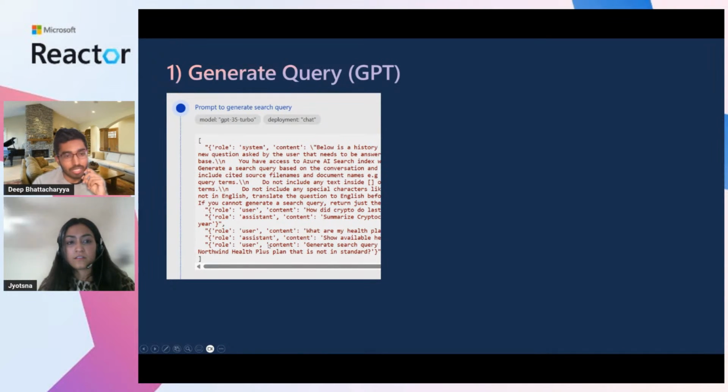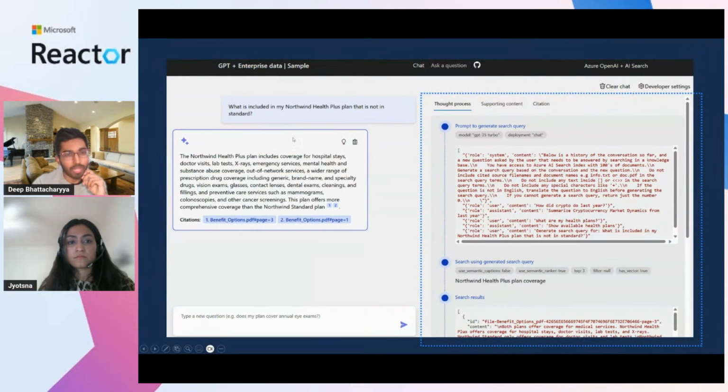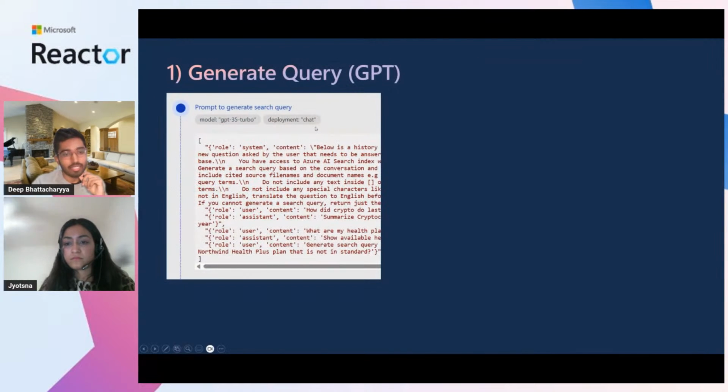The prompt is the same prompt that we put in, something about the health plan: what is included in my Northwind Health Plus that is not in standard? In this example, it then takes that and says, generate search query for that prompt. So, what is in my Northwind Health Plus plan that's not in standard?